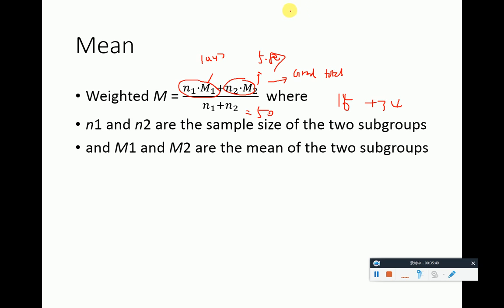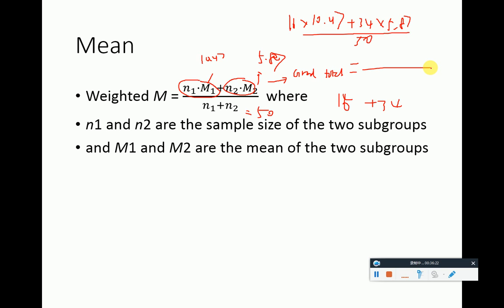Okay, so now let's do this computation together. So we have 16 times 10.47, and then we will sum it with 34 times 5.87, divided by 50. Okay, so what is that going to give us?